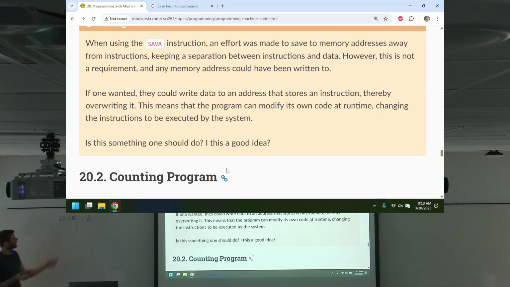Because if I wanted to load into A the contents of E, and then later load into A the contents of F, if I could actually add 1 to that instruction, even though it's an instruction, not data. Or maybe even more crazy, I want to do the instruction load B from RAM F. This bit pattern is 0001 1110, and this bit pattern would be 0011 1111.